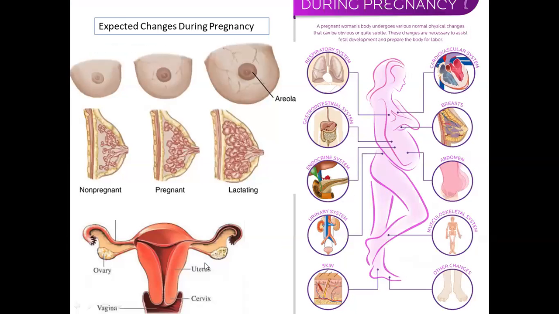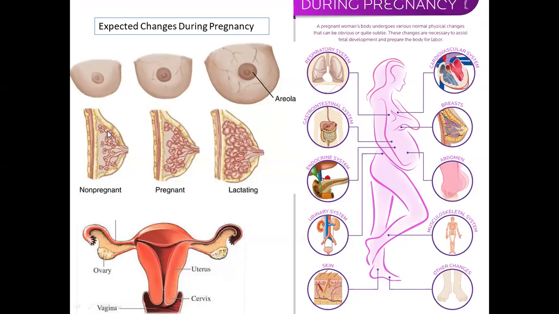What next? Here a picture shows the expected signs or expected physiological changes during pregnancy. So it is very important basically. If you see the picture, first of all you can see the breast tissue showing the mammary gland.